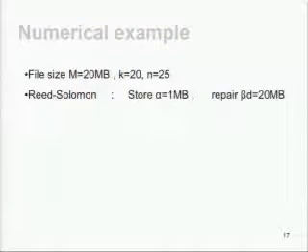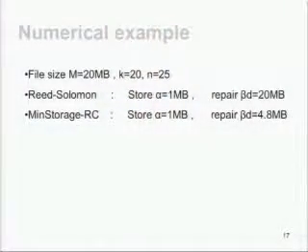If you use a Reed-Solomon code, then each disk would store 1 megabyte, and each failure will cost you 20, because for repairing one failure you need all the data. If you use what we call minimum storage regenerating codes, then you will be storing the same, but a repair will only require 4.8 megabytes.